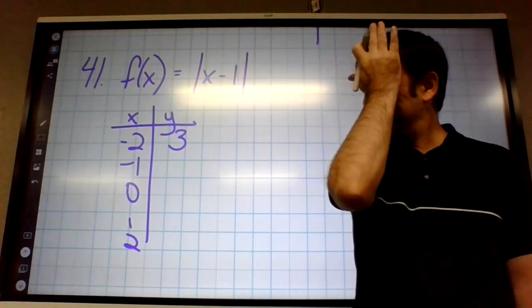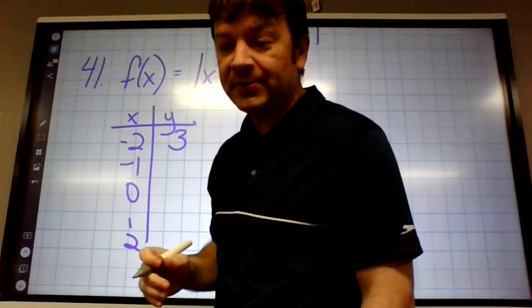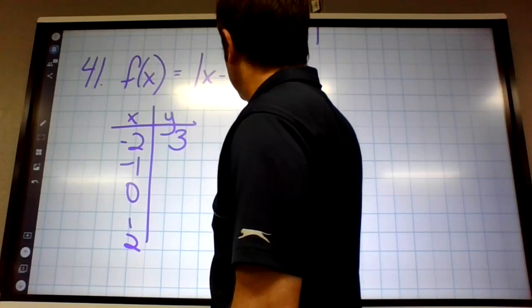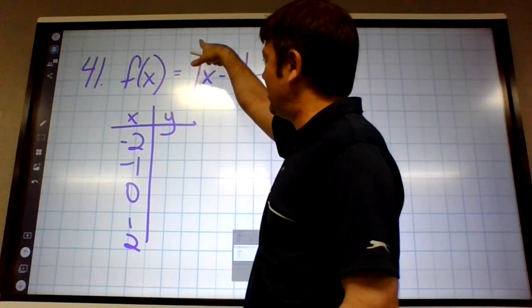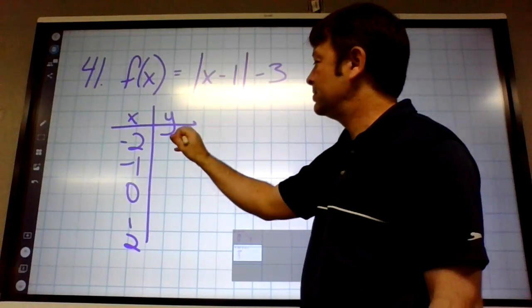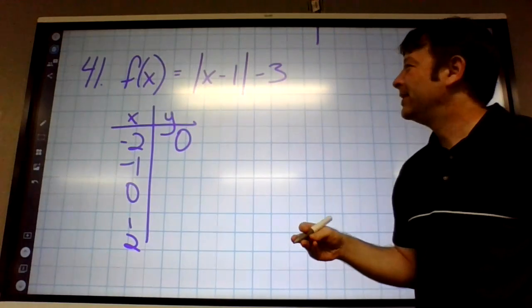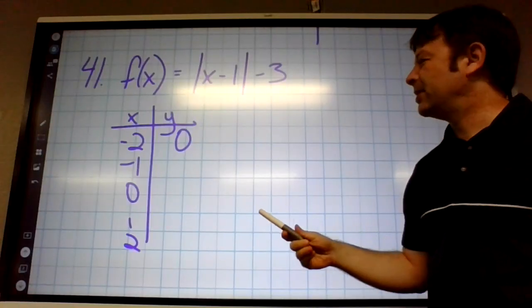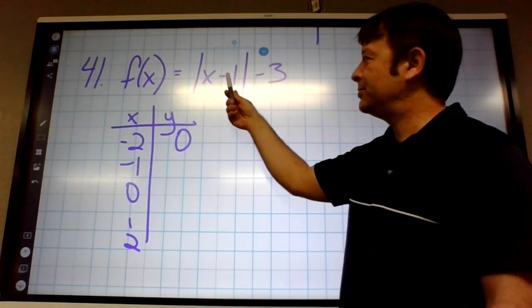Mr. Jordan, you're supposed to also subtract 3 after the absolute value. Oh, did I not copy it down? Okay, so now it's -3, absolute value of -3 is 3, minus 3 is 0. Sorry, you got it right the first time. If I plug in -1 minus 1, that's -2.